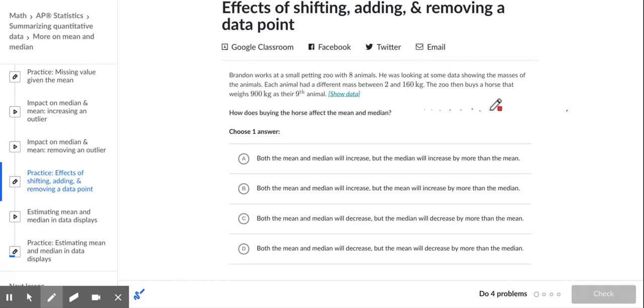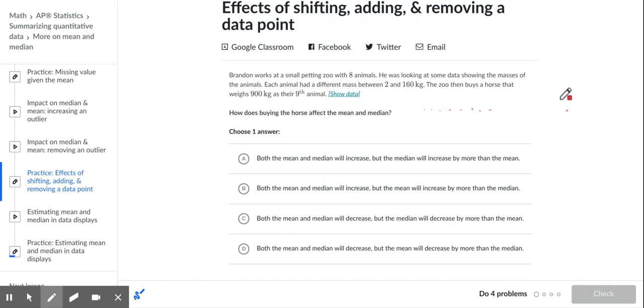So my prediction would be that the mean is going to increase more than the median because, as far as the median is concerned, it doesn't matter where this data point is. It just matters that it's another data point. So it moves the median from being in between 4 and 5 to being 5. That's all that does. The size of this data point doesn't matter.